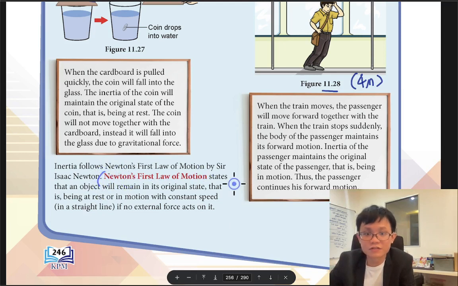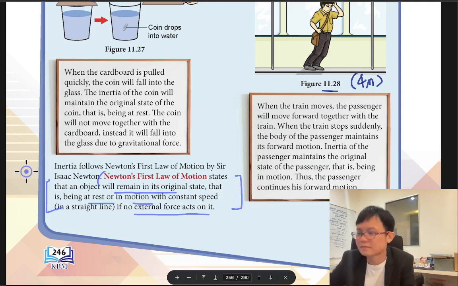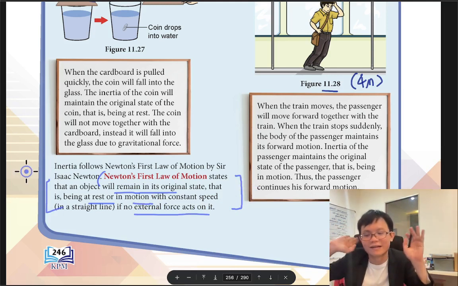Newton's first law of motion states that an object will remain in its original state, being at rest or in motion at constant speed, if no external force acts on it. So that is a law. It's not a theory, it's a law. Law means it's already correct.